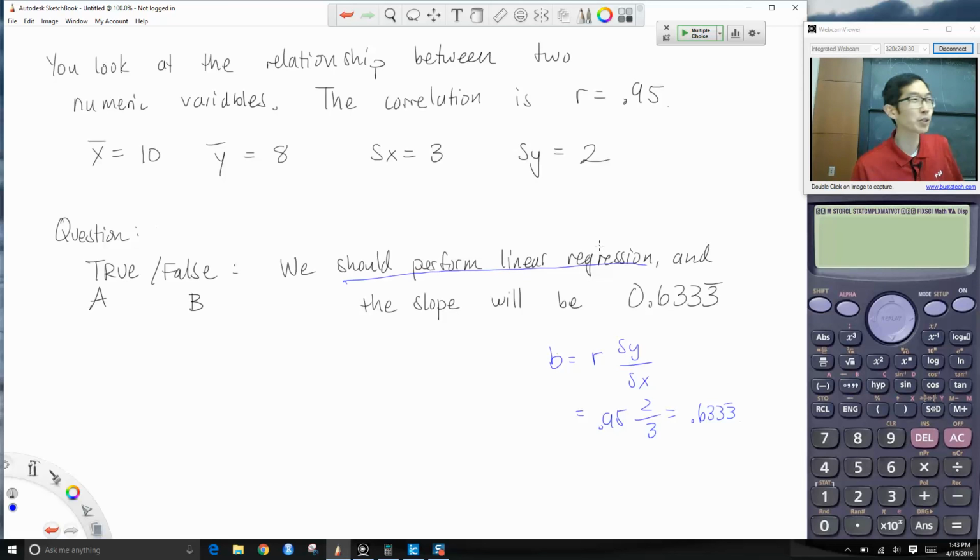How do we know we should perform linear regression? We have to create a scatter plot, and no scatter plot is present, okay? So we cannot say it is true that we should perform linear regression without creating a scatter plot first.